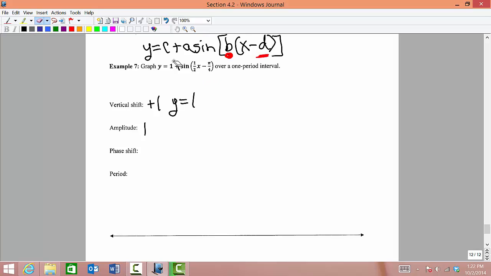So since we have parentheses there and not a bracket in parentheses, we are going to factor out or divide out by 1/2. That way we can separate the period and the phase shift. Now if I divide by 1/2, let's rewrite our function. Y equals 1 plus sine bracket 1/2, and then we're going to put in x, because 1/2 times 1/2 just leaves us with x, and 1/2 divided into pi over 4.